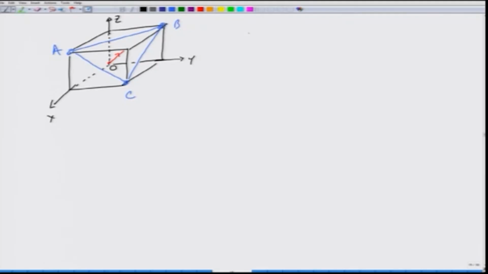So, the coordinates of A are nothing but A in direction x, 0 in direction y, and A in direction z. So, this is A 0 A. Coordinates of B are 0 in direction x, A in direction y, and A in direction z.